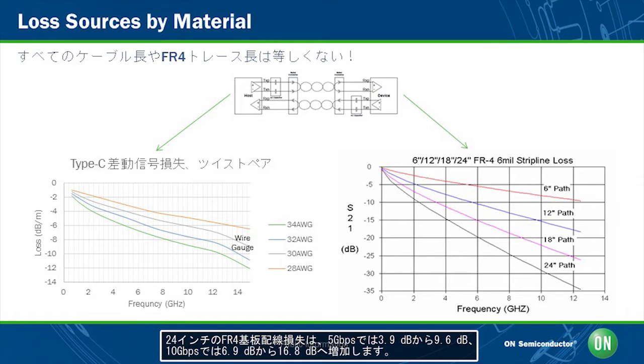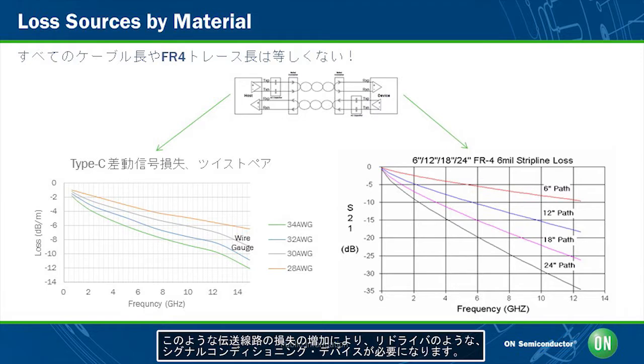If you go to 24 inches of FR4, your loss at 5 gigabit per second goes from 3.9 to 9.6 dB, and from 6.9 dB to 16.8 dB at 10 gigabit per second. So with these increased insertion losses, there is a need for a signal conditioning device such as a redriver.